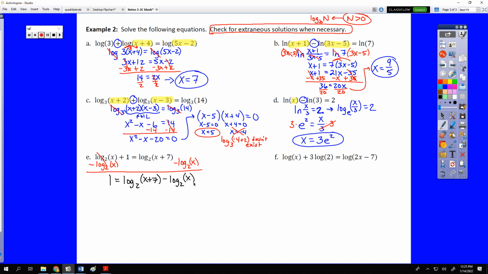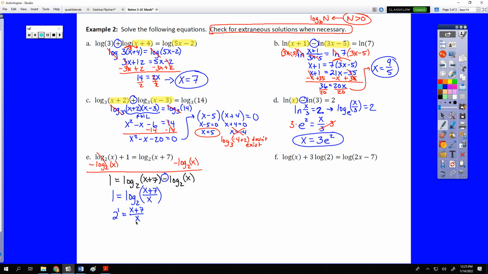Now it looks like the other problems that we have done, it has a minus sign in between, so we would rewrite the equation as log base 2 of x plus 7 divided by x. This only has one logarithm, so we would then convert that into 2 to the first power equals x plus 7 over x.